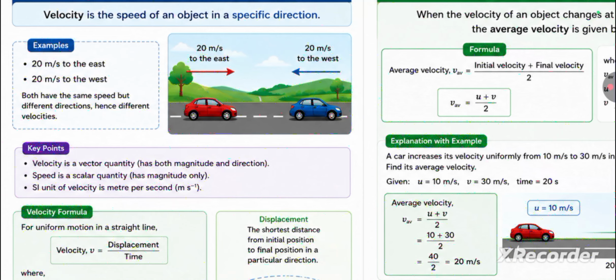Here we have to know the velocity formula. For uniform motion in a straight line, velocity v is equal to displacement by time.